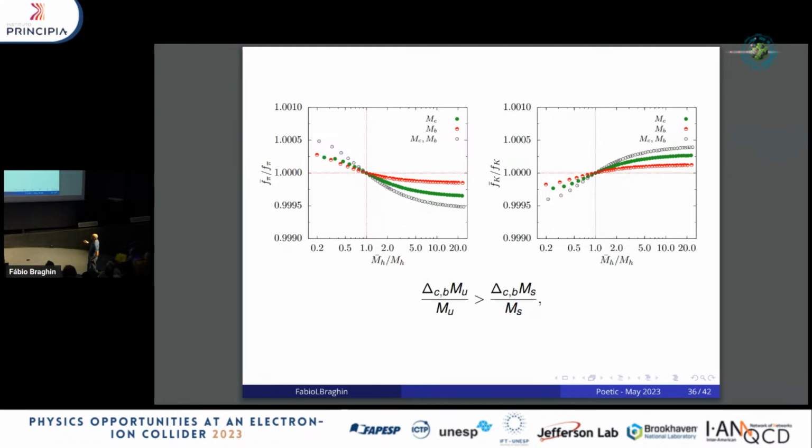This agrees with other expectations, and this is the variation of the kaon decay constant with the heavy quark mass. The issue with the pion here is that the variation with respect to the mass of the up quark is much larger than the variation with respect to the strange quark mass. This gives a different, opposite behavior of these two curves.